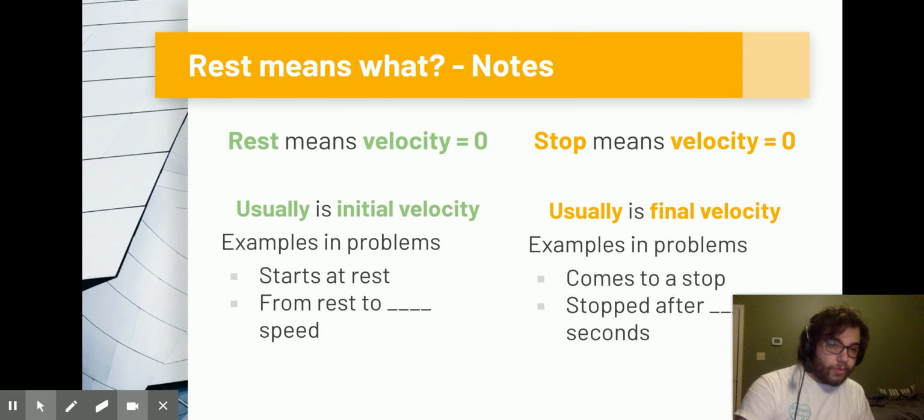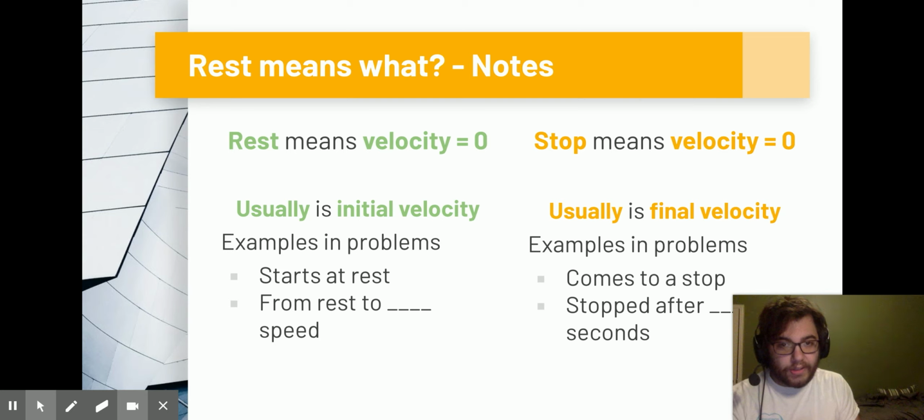The other word, stop, tends to mean final velocity, because we say we come to a stop, we are stopping, it stopped after a period of time, any sort of thing like that, and that tells us our final velocity will be 0. Hopefully that makes sense, because we're going to do a practice problem right about now.